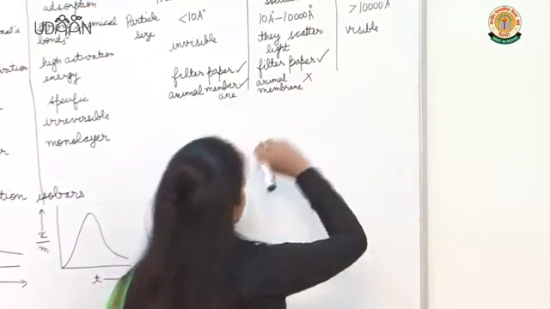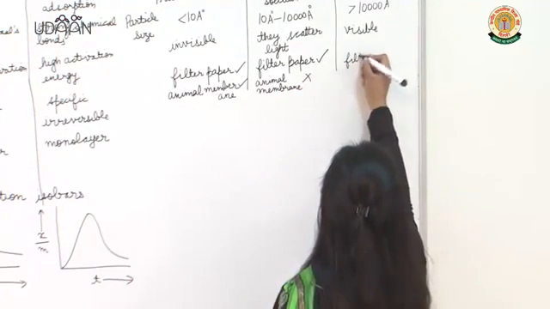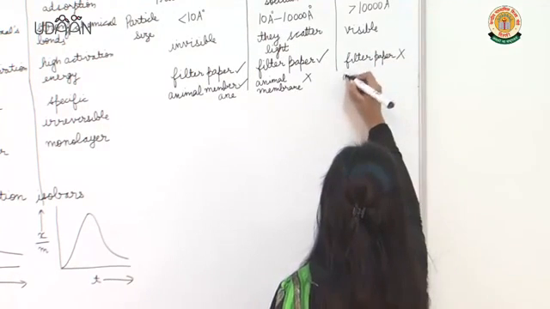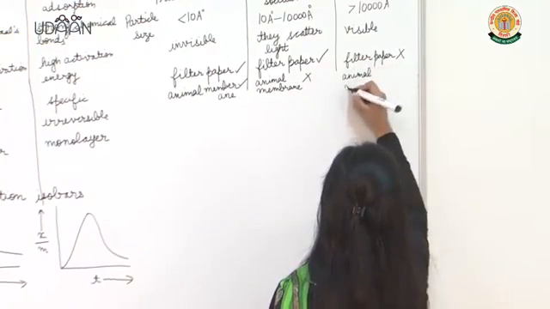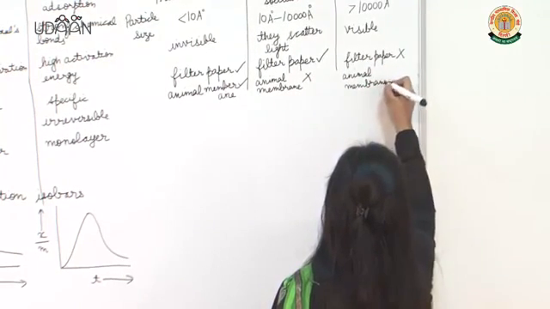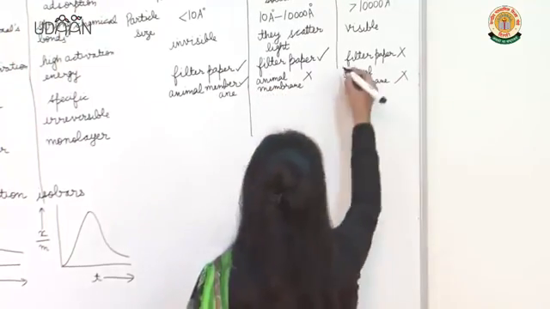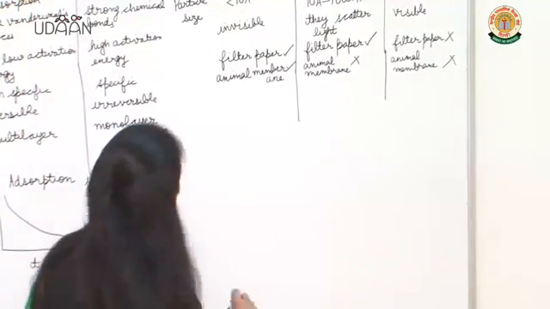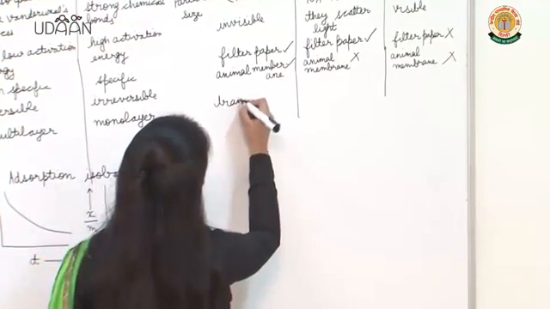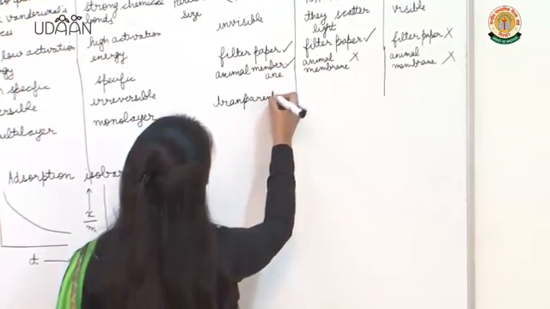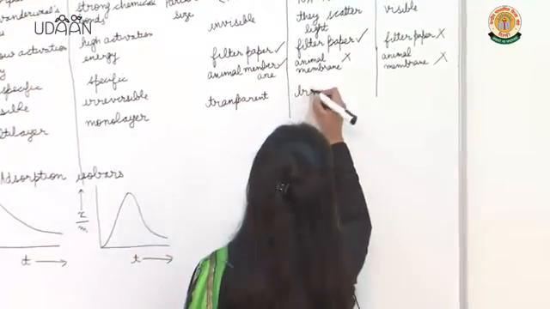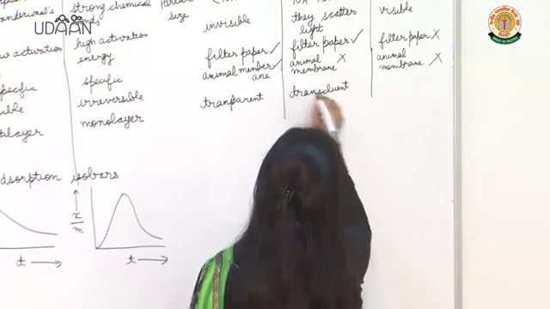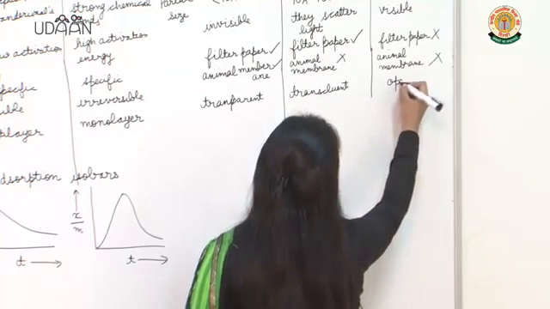And suspension will neither pass through filter paper, because the particle size is large, nor through animal membrane. Now when we talk about transparency or translucency, a true solution is transparent, a colloidal solution is translucent, and a suspension is opaque.